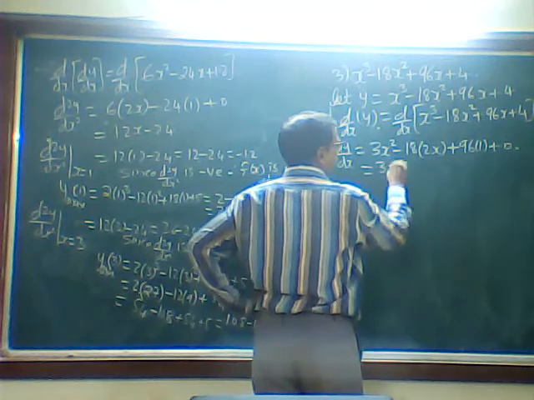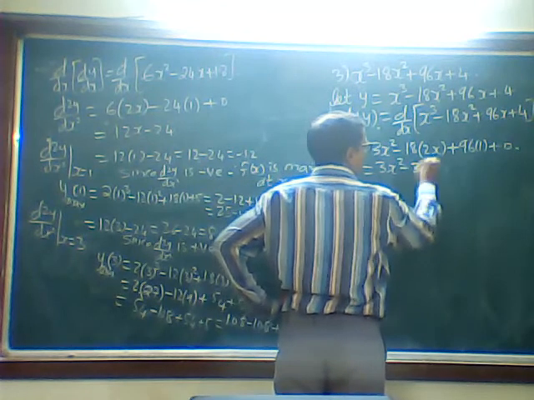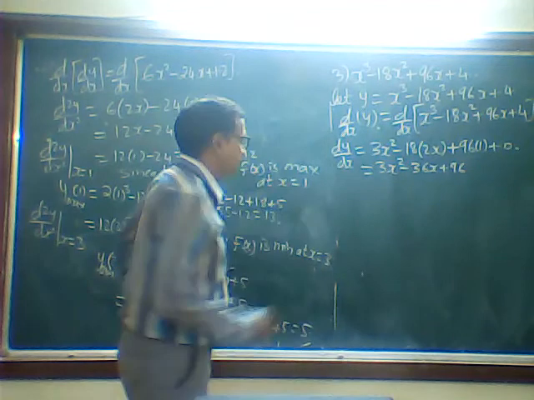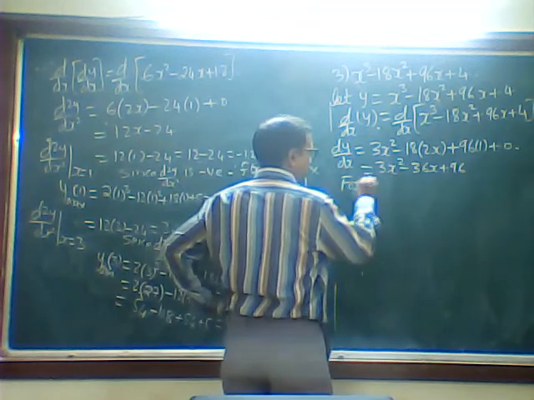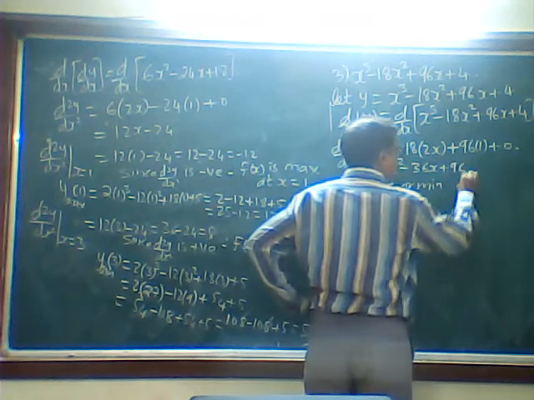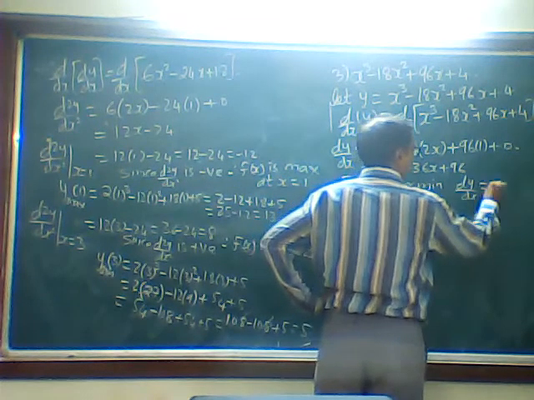So 3x square minus 36x plus 96. Okay, now we say for maximum or minimum. For maximum or minimum, dy by dx is equal to 0.